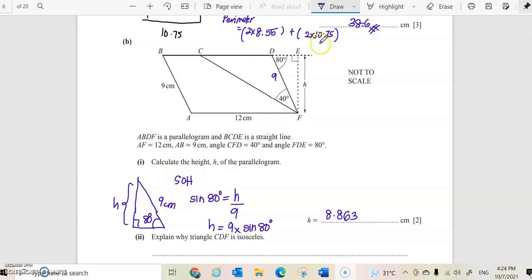Kalau dia bukan right angle triangle, dia tak boleh guna tau. Cah dengan toa tu. That one, kalau dia bukan right angle triangle, nak cam right angle triangle ni, when it has 90 degree. Okay, kalau dia bukan right angle triangle, we can use sine rule or cosine rule to find the side or the angle.